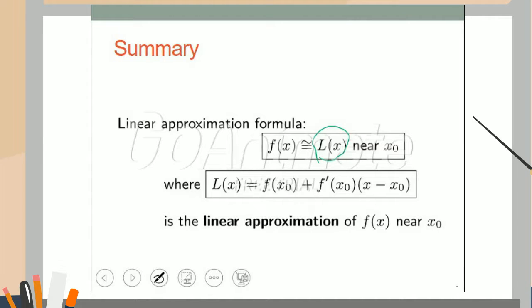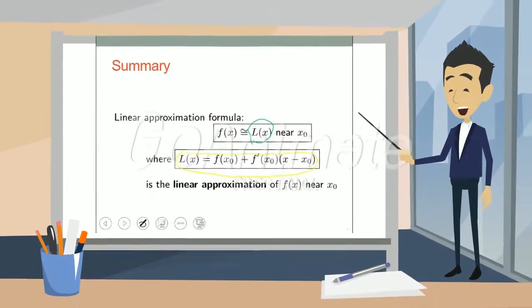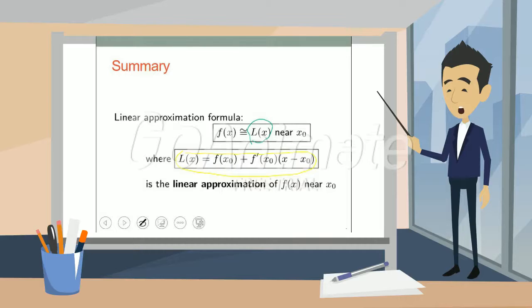Our green line is given by this formula, which I'll highlight in yellow: f at x naught plus f prime of x naught times x minus x naught. This is called the linear approximation of f of x near x naught.